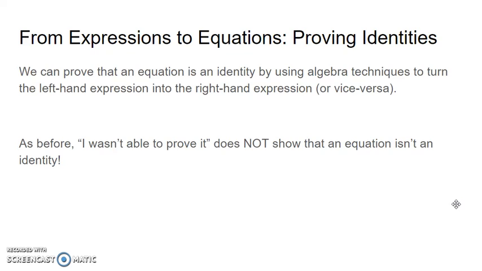And just a reminder as always, saying that I was not able to prove something is not compelling enough reason to say it's not true. Or rather, also that it is true, right? Not being able to do something does not prove anything other than the fact that you weren't able to do it. So in the next section, we are going to try and maximize our chances of doing as much as possible. So look forward to that. See you then.